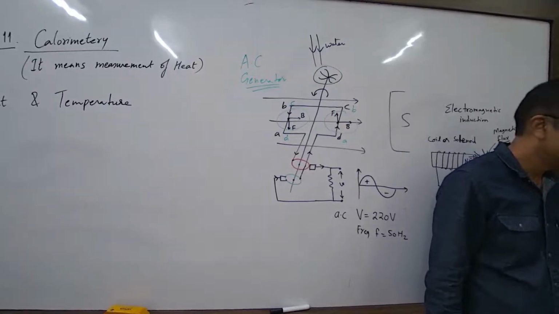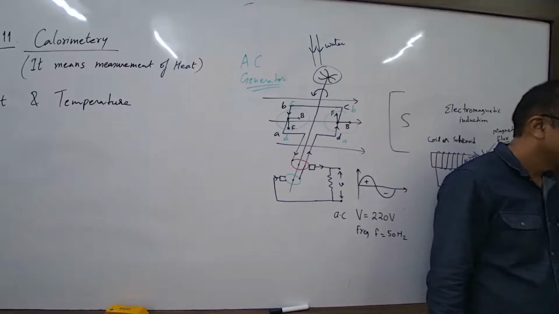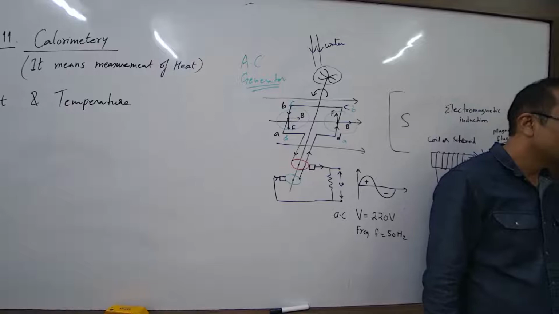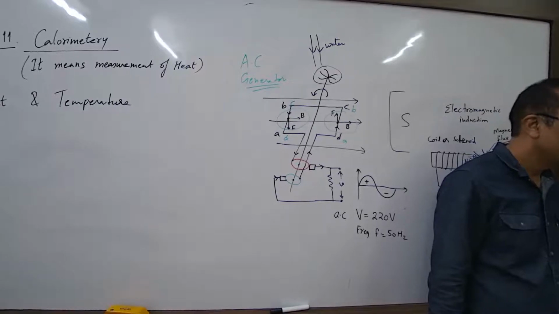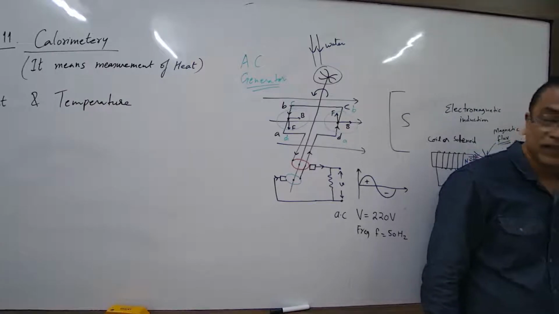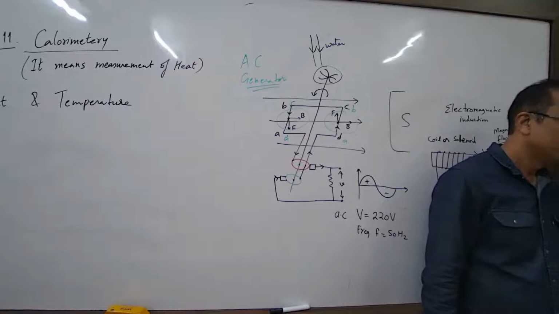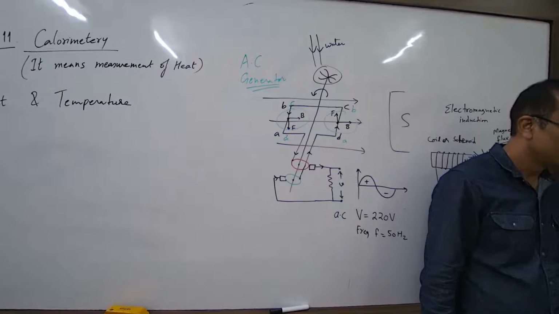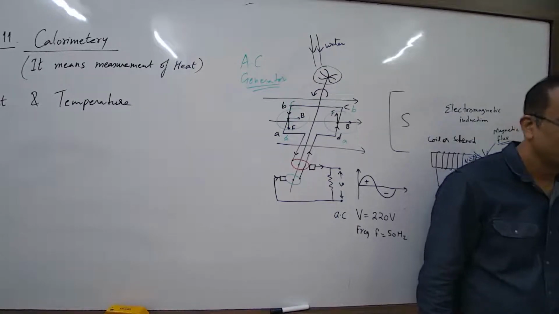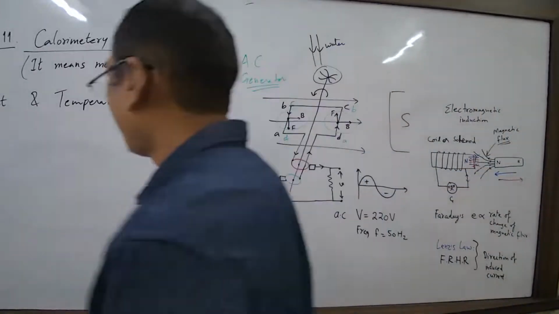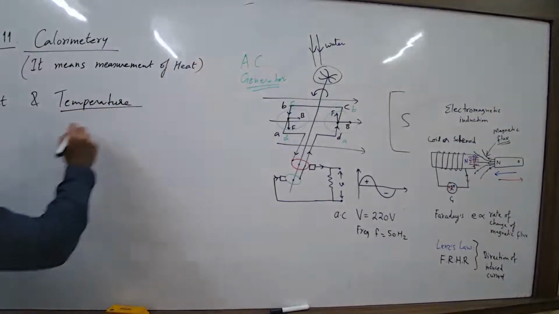Actually, it's the other way around. Temperature is degree of hotness. It's a sensation, right? Temperature is degree of hotness or coldness. So it's an attribute. Whereas what is heat? Heat is energy. Temperature is not energy. It is a sensation, right?